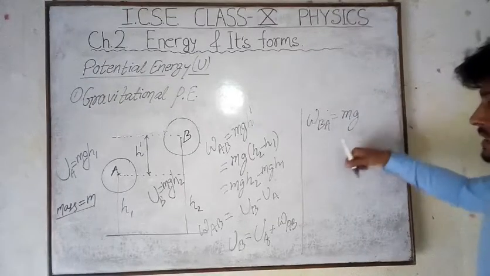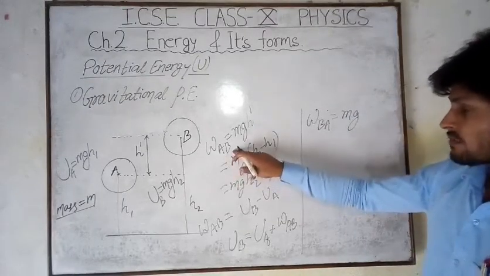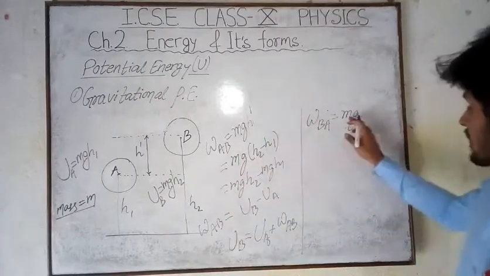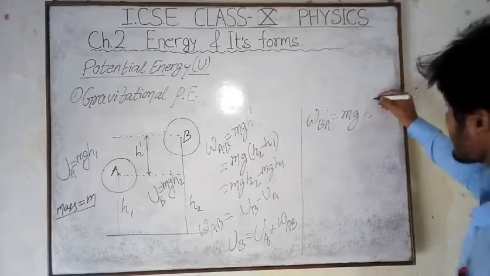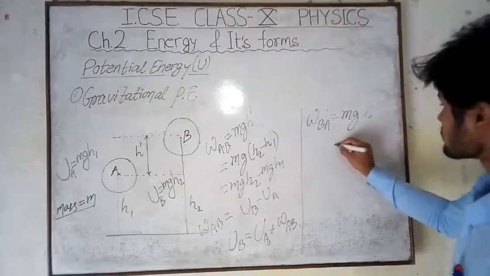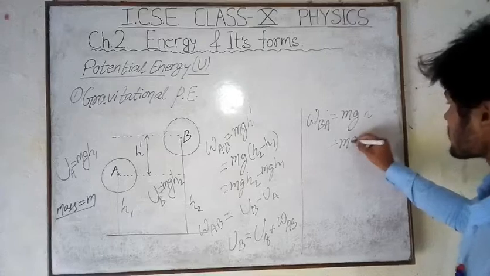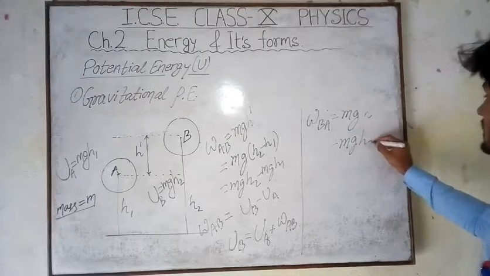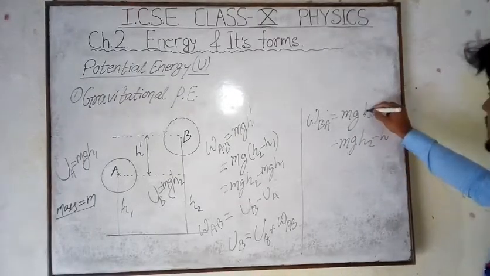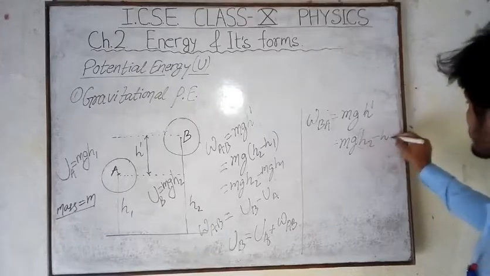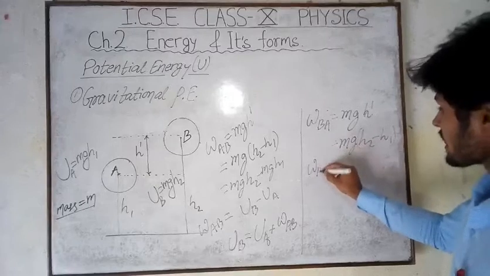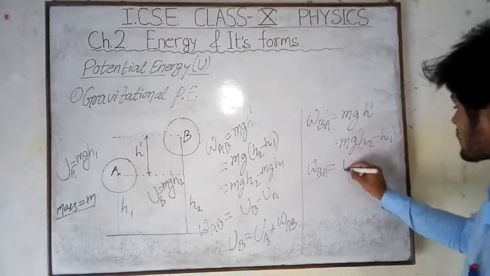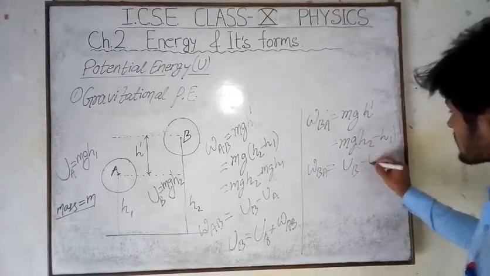Now mg is opposite in direction to A to B. We had taken mg upward, now mg is downward. Again the height is the same, h dash. So you can write mg h dash as h2 minus h1, where this one is h dash. So finally you get WBA is also equal to UB minus UA.